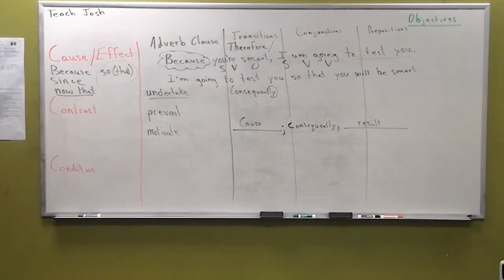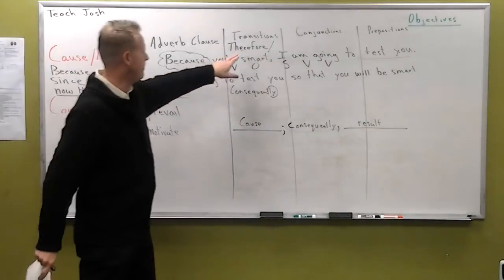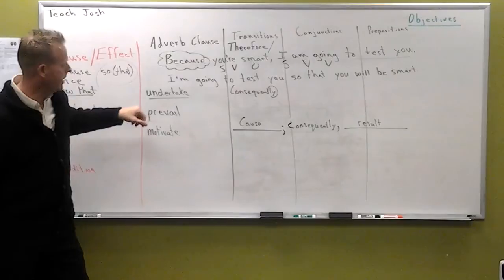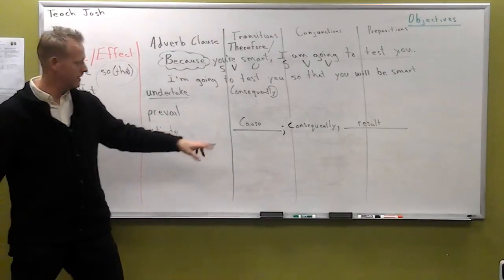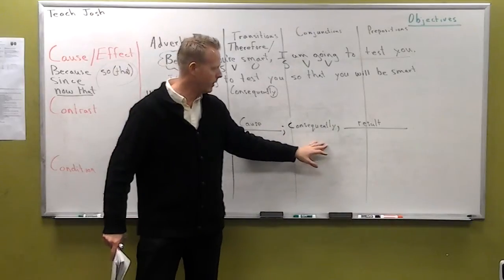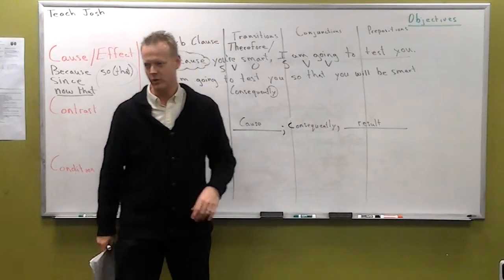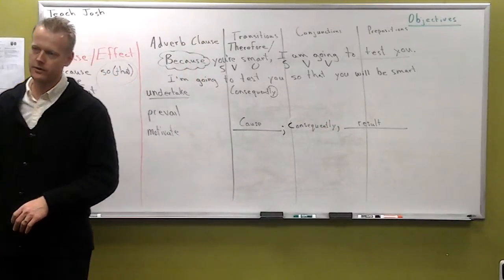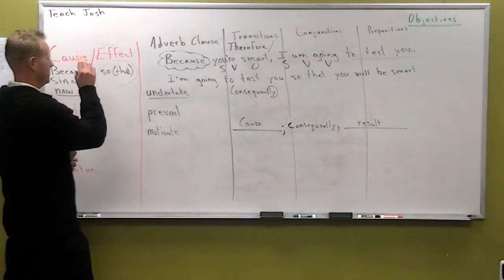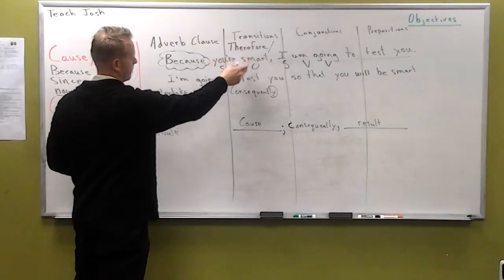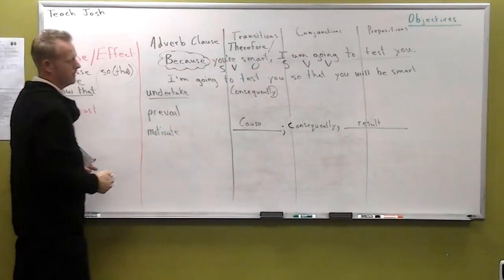See how that works? And the same thing is true of therefore. So I could say something like, I am going to test you, semicolon, therefore, you're going to improve in your English skills. So exact same thing you can do with both of these, therefore and consequently. Are you okay?